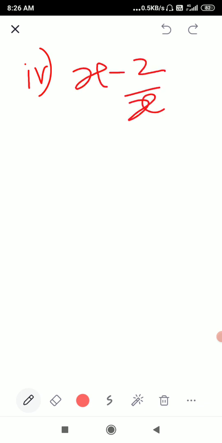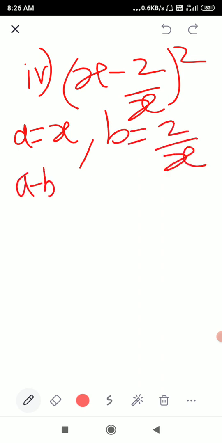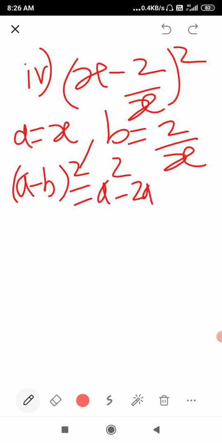Now the fourth one, (x minus 2/x) whole square. So if you follow these steps, it will be easy for you to solve. a is equal to x and b is equal to 2/x. So the same formula, (a minus b) whole square, a square minus 2ab plus b square.